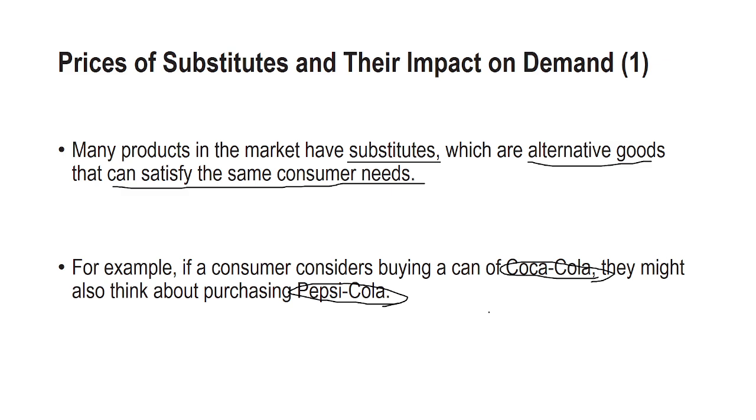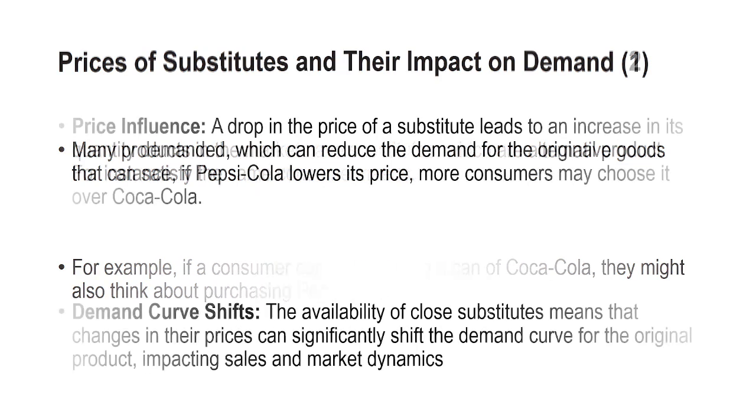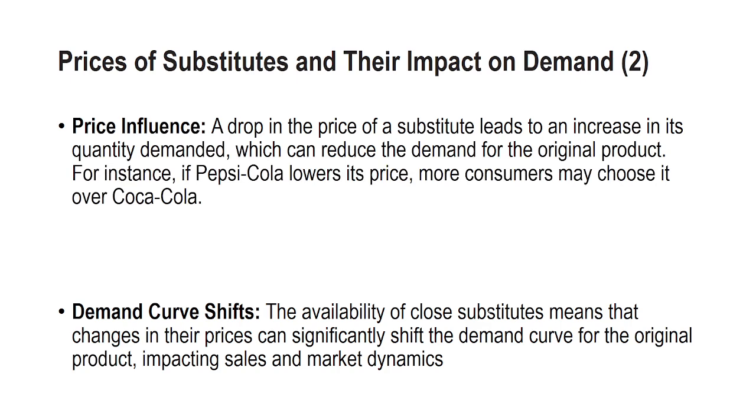But what is the effect of substitute goods on the original goods? A drop in the price of substitutes leads to an increase in their quantity demanded, which can reduce the demand for the original products.